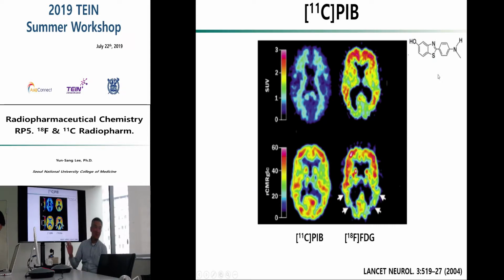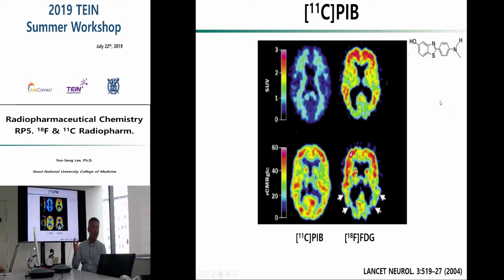So I think diagnostic imaging is not fundamental. Treatment drug is fundamental.